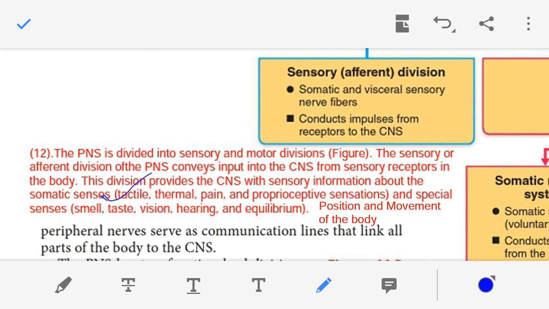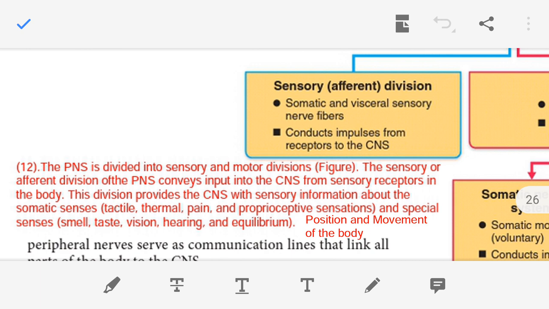Let's say the tactile receptor is responsible for the touch sensation, then the thermal receptor. With the thermal receptor we can experience the hotness or coldness of the temperature in the room or the outside environment. Then if there is a certain kind of pain in our body, that pain can be felt by the sensory receptors, and they pass the information through the PNS to the brain and spinal cord.